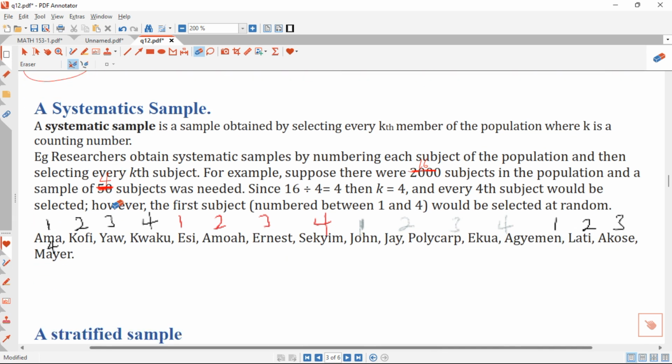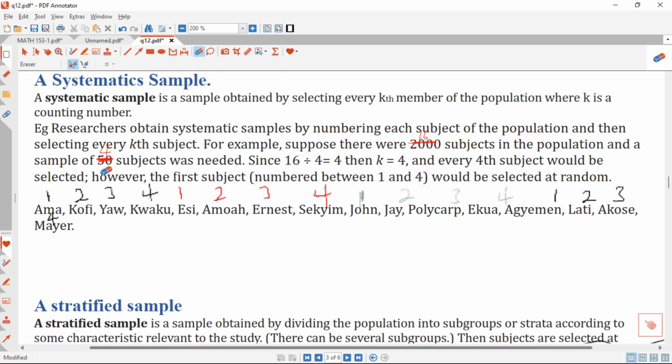So let's go to systematic sampling. A systematic sample is a sample obtained by selecting every kth member of the population, where k is a counting number. For instance, a researcher obtains a systematic sample by numbering each subject of the population and then selecting every kth subject.